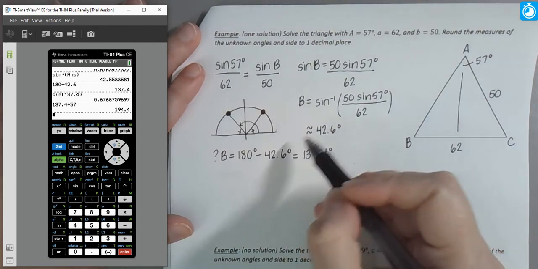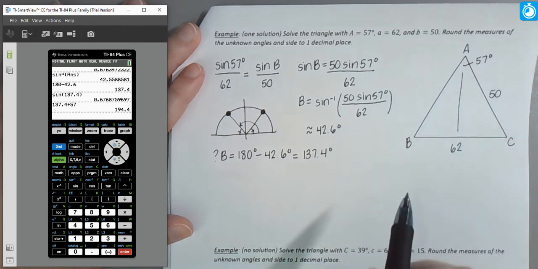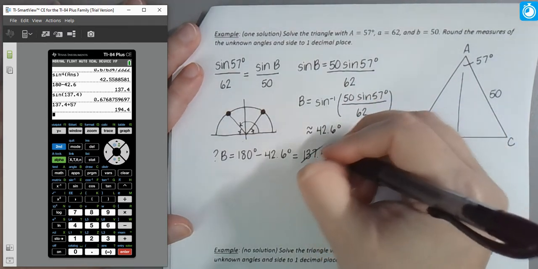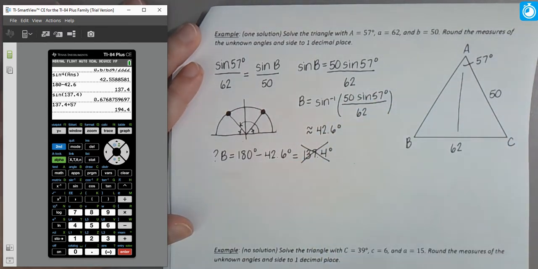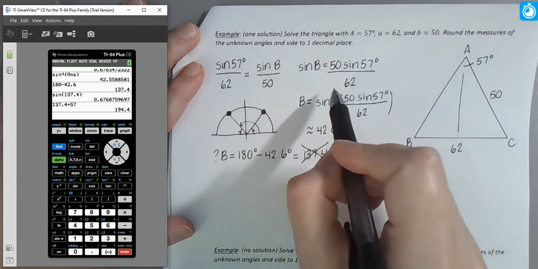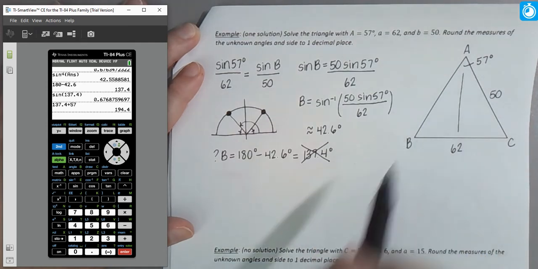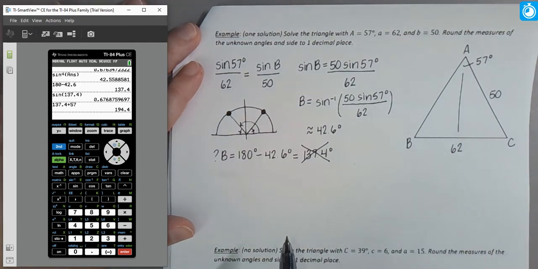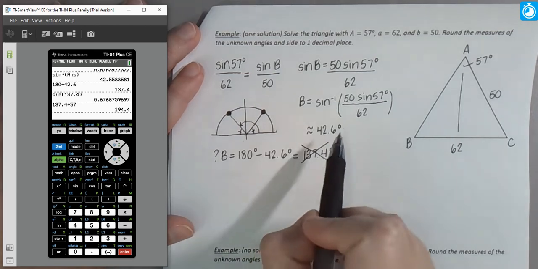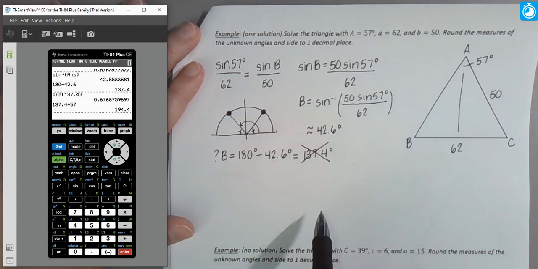So because this angle can't be combined with what's already in the triangle, because it adds up to more than that 180 degree limit, that is our indication that this is not a possible value for B. So although it is another angle that has that particular value for its sine, it cannot fit in this triangle based on the relationships we have in this triangle and based on the information we know already. So this is going to be the specific value for B.